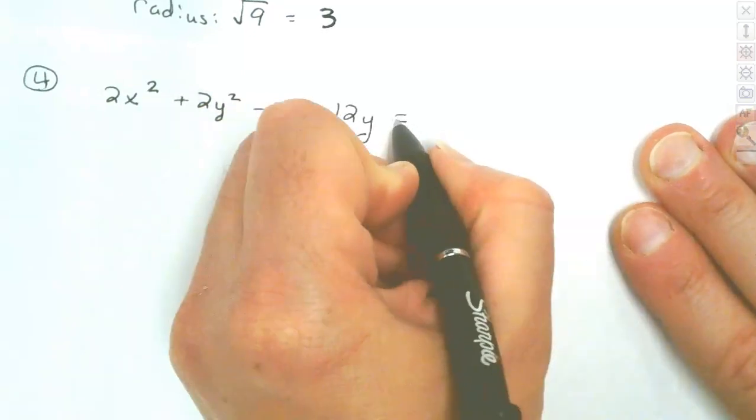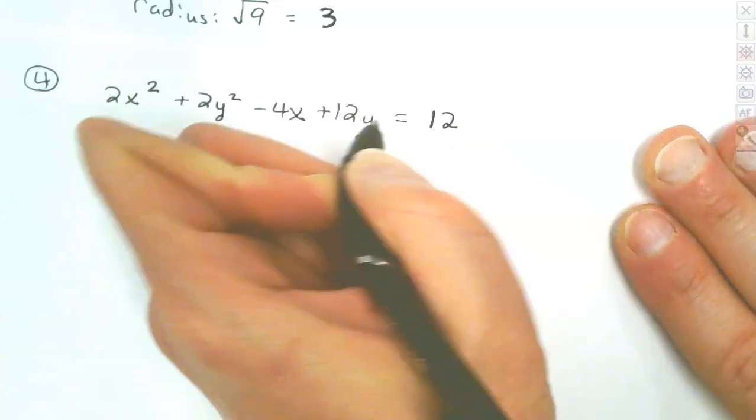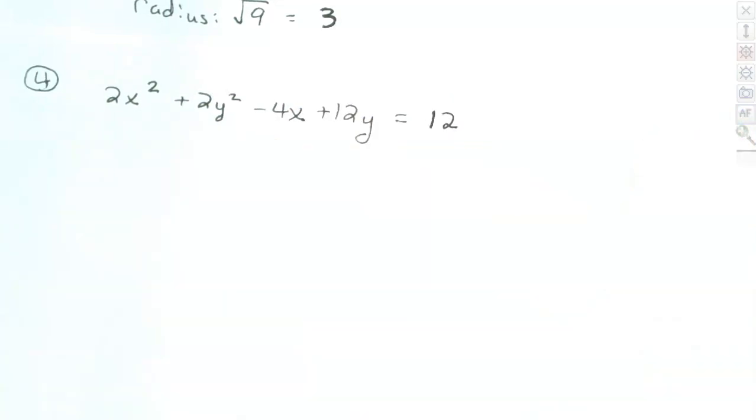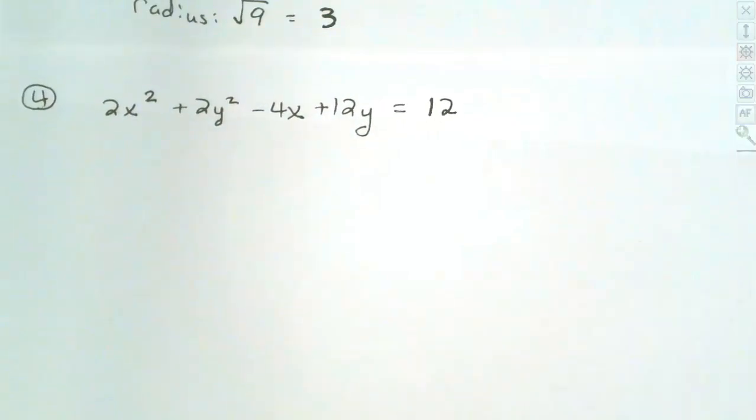And we're going to move that negative 12 over, so it becomes a positive 12 there. So all I did was just move that 12 over. Now this one is a little bit different because when we use completing the square to get it in center radius form, we can't have any number in front of the x squared or the y squared. And so we have no choice but to divide everything by 2.